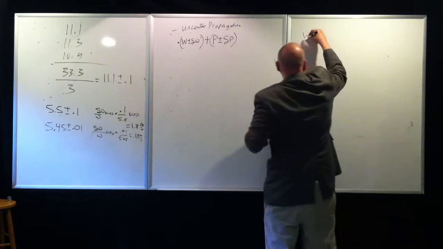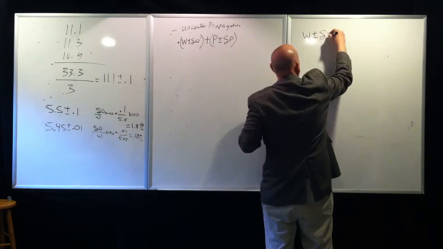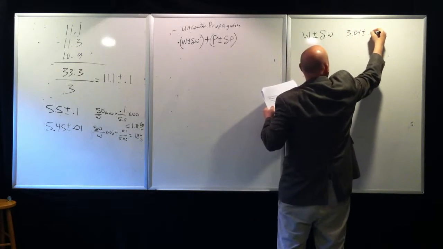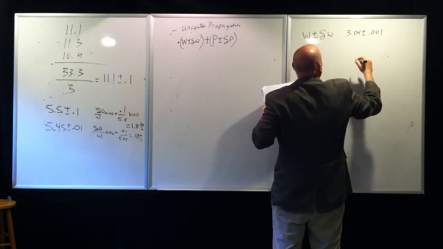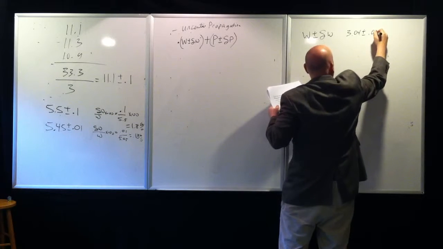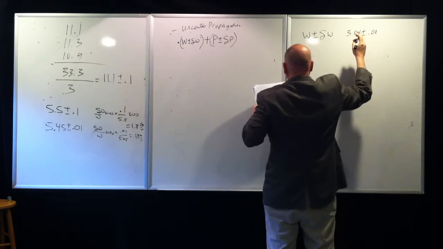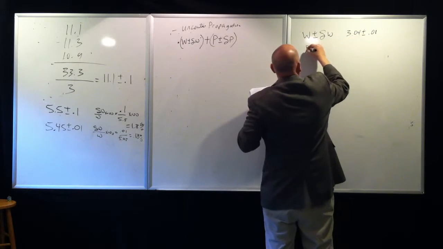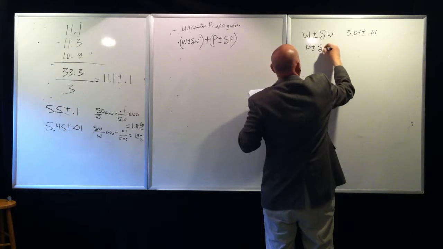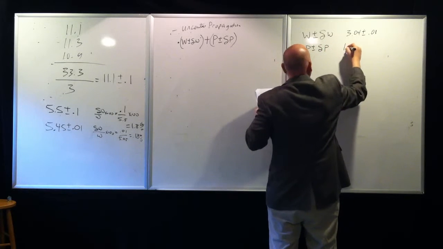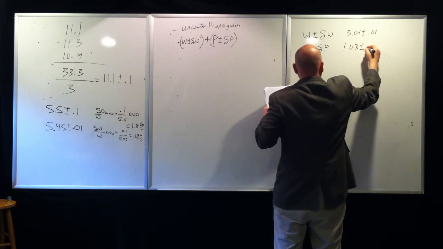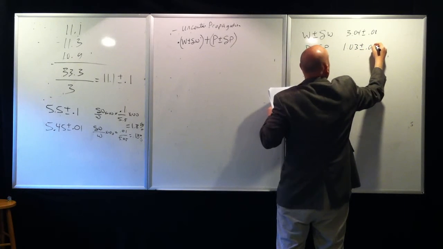So we'll define W plus or minus delta W as 3.04 plus or minus 0.01, and then P plus or minus delta P as 1.03 plus or minus 0.01.